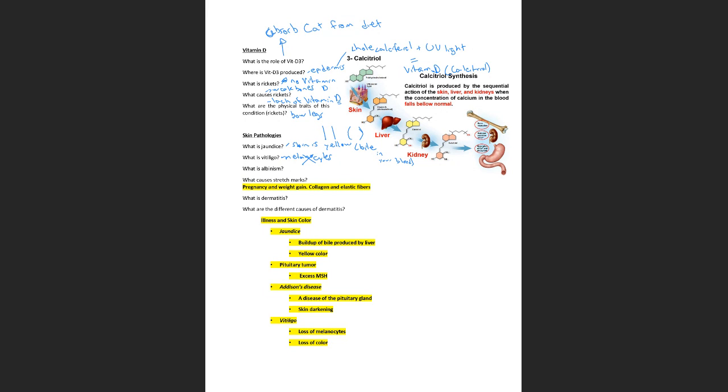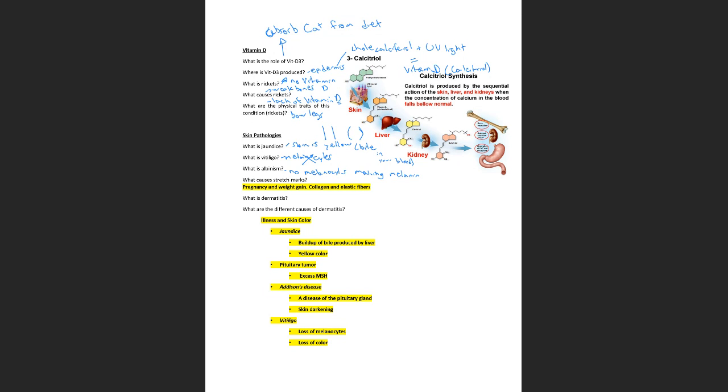With albinism, you never had them to begin with. No melanocytes making melanin, so you're very, very pale. The opposite of albinism is melanism. That's when the body is producing too much melanin and you're a very dark color.